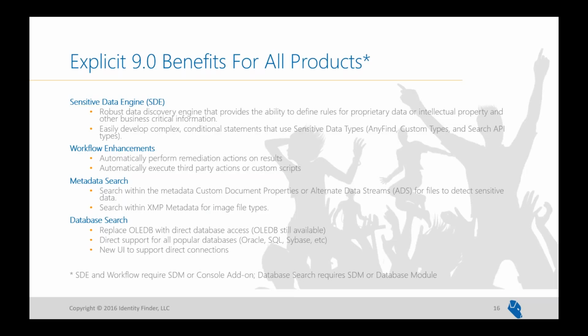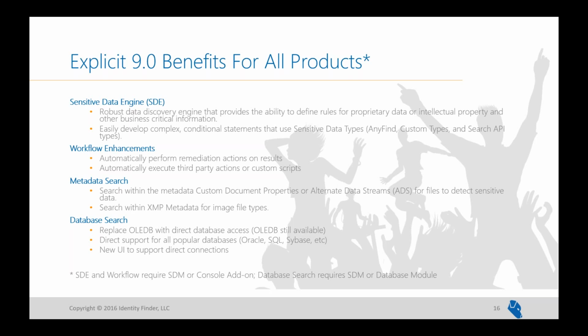So let's look at some of the explicit benefits that are part of 9.0 for all products. So Sensitive Data Engine, we walked through that robust discovery engine that has that intelligent search grammar, allowing Rob to have defined specifically what sensitive data in his environment looks like. That could be intellectual property, that could simply be private and confidential documents, anything that falls under those categories that aren't otherwise recognizable or identified by folks that either hadn't created or understand that sensitive information.